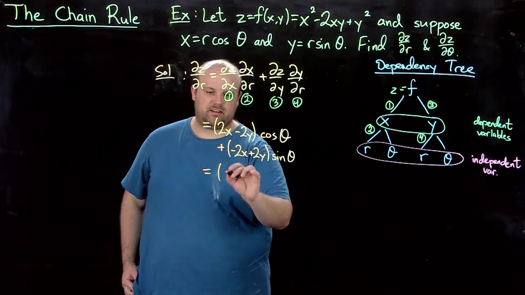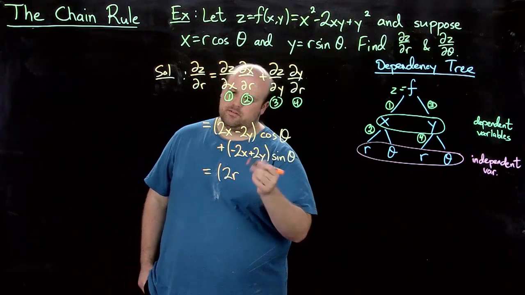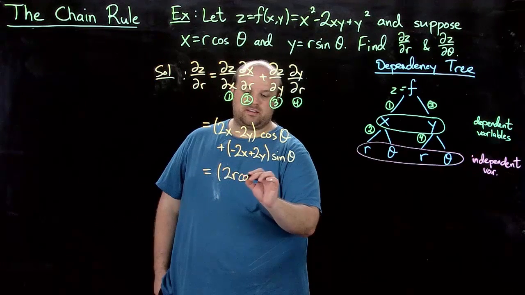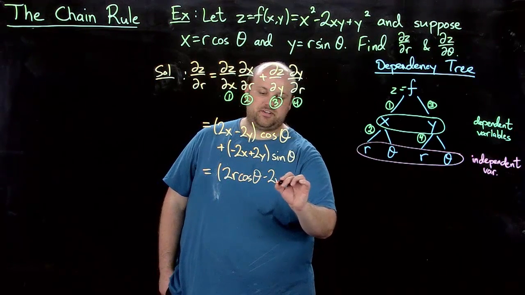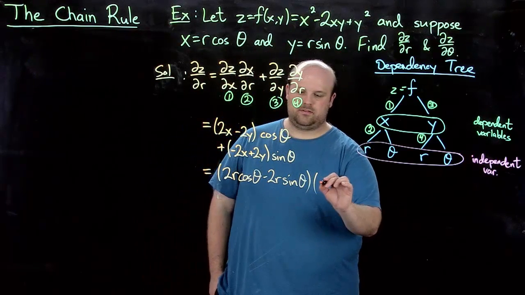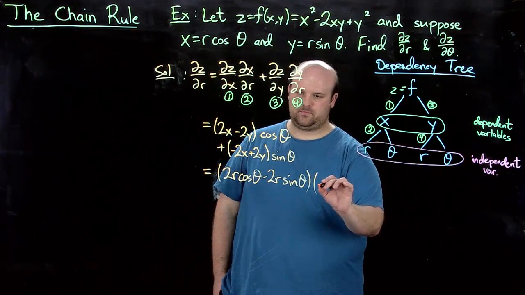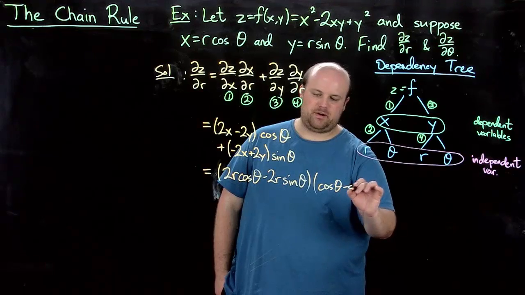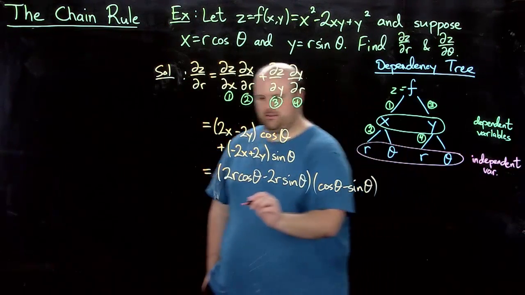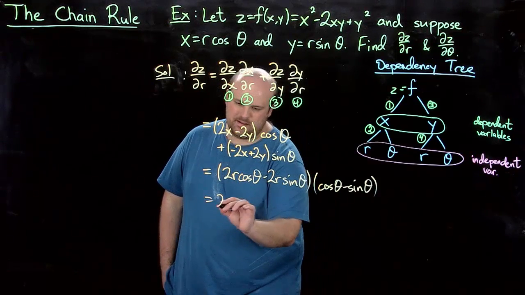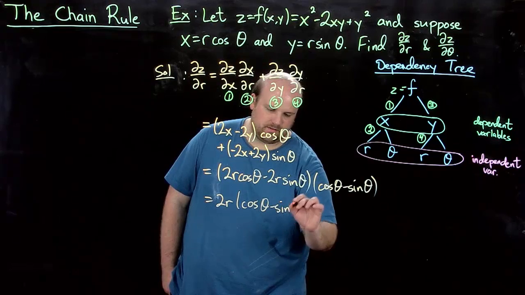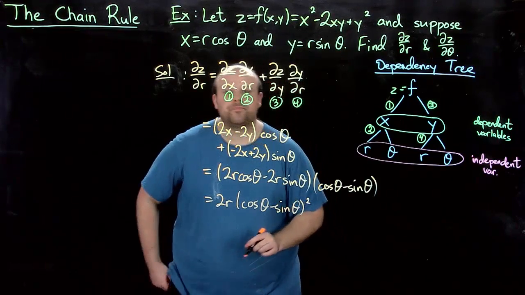When we plug everything in, we got 2r cosine theta minus 2r sine theta times cosine theta minus sine theta. I actually meant to just write here, without writing this step, 2r times cosine theta minus sine theta squared.